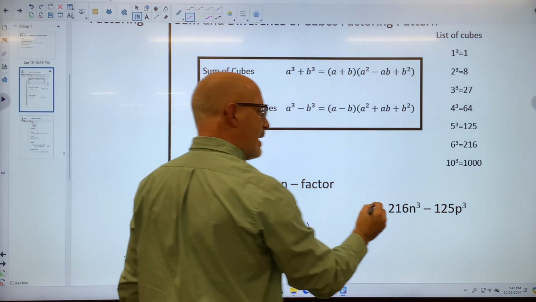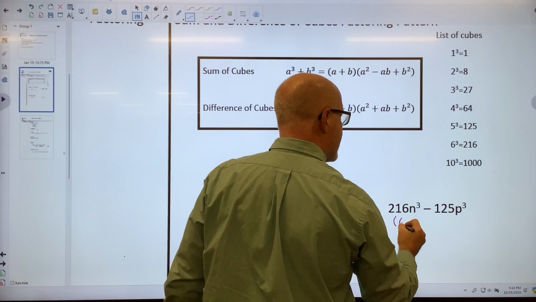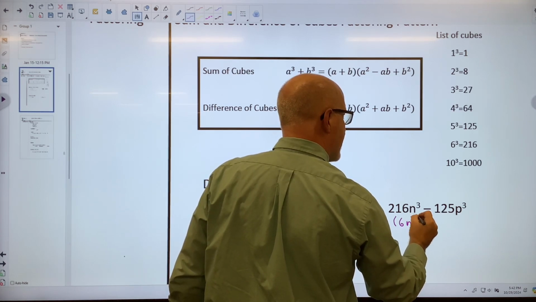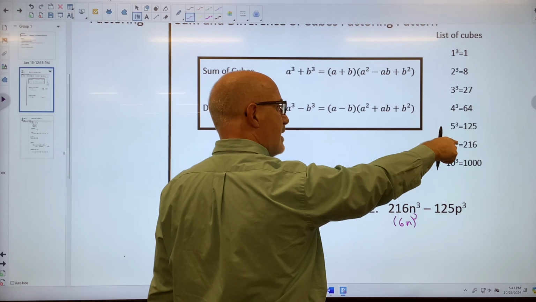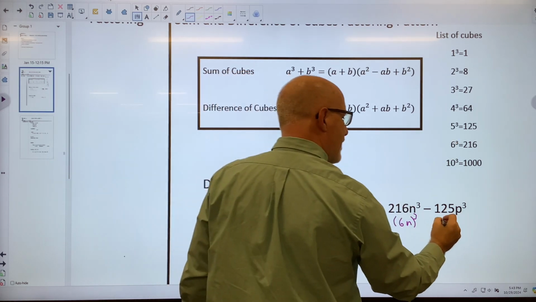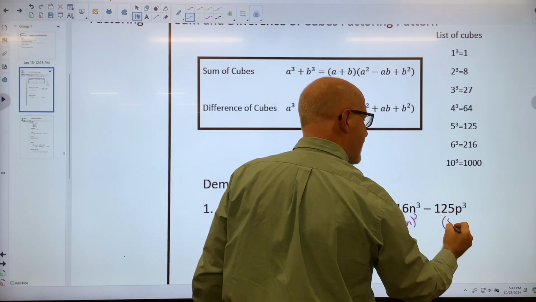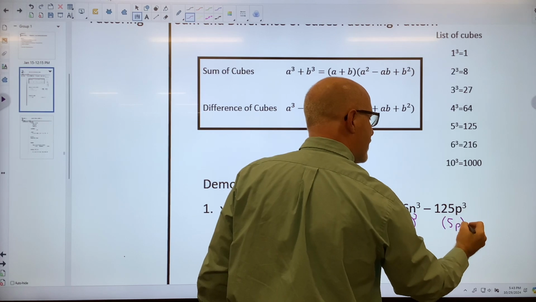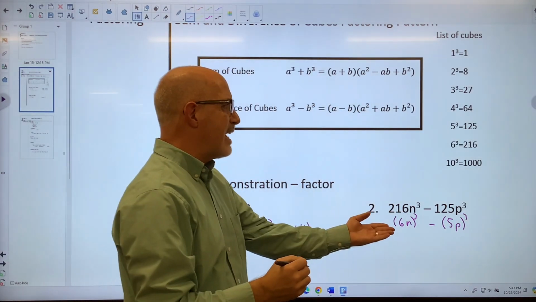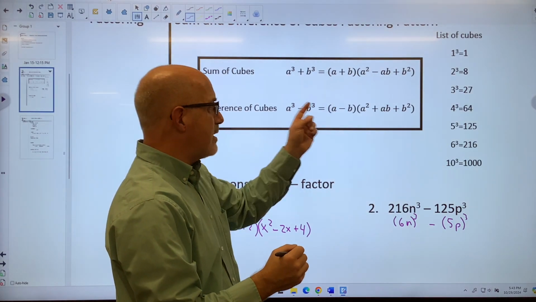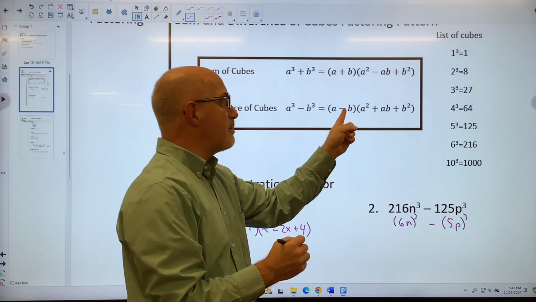I want you to recognize that this is the same as 6n cubed, because if you cube 6, you get 216, and n cubed. And this is the same thing as 5p cubed. So I've got the difference of 2 cubes, where 6n is my first piece of it, 5p is my second.